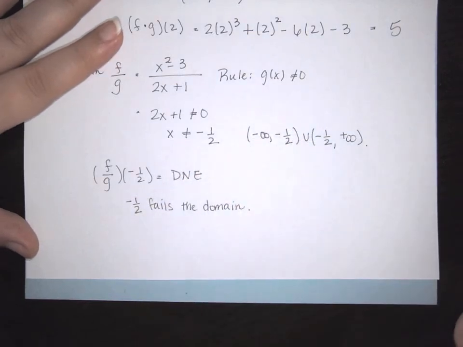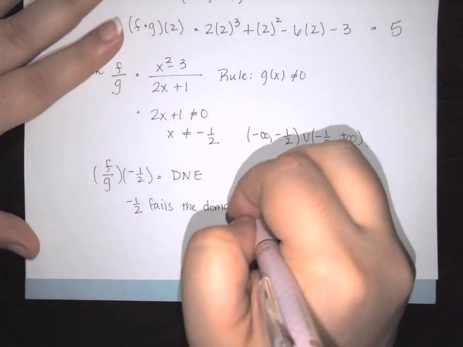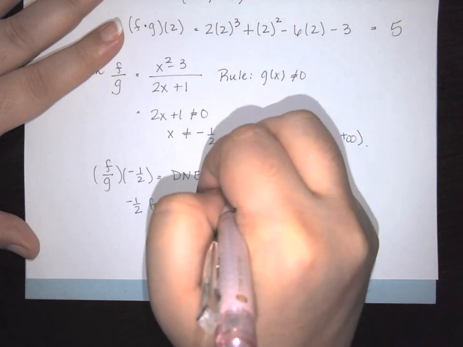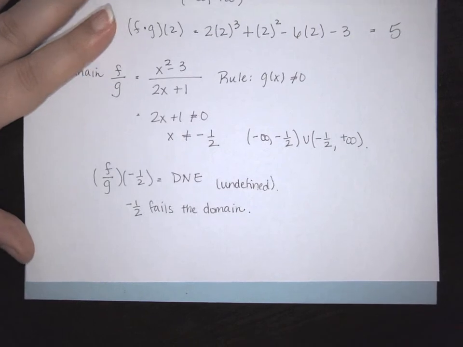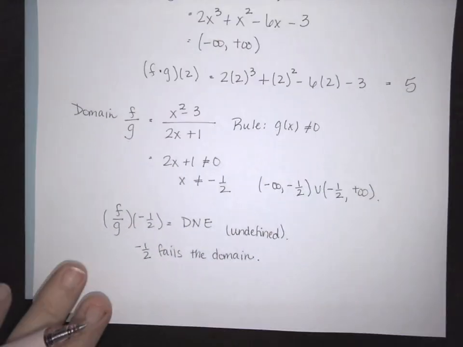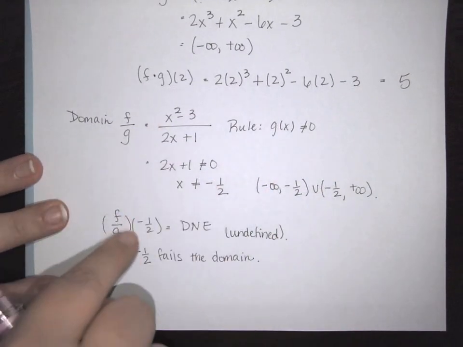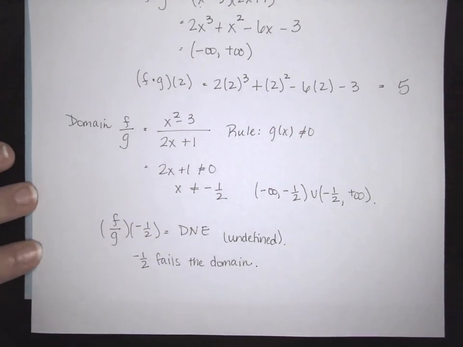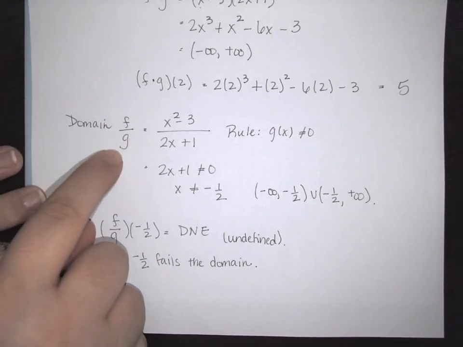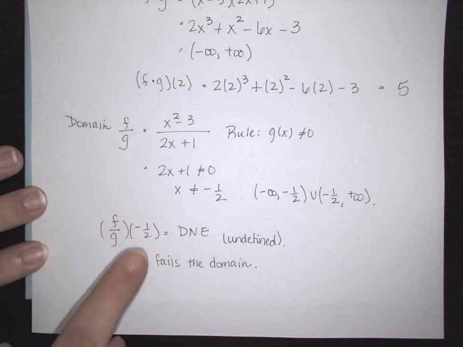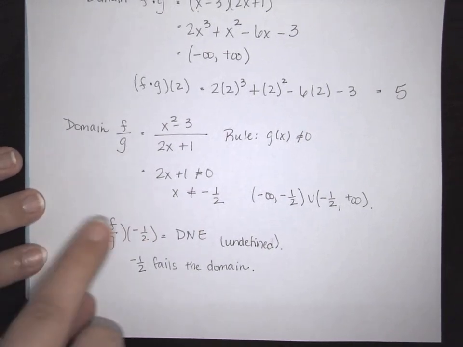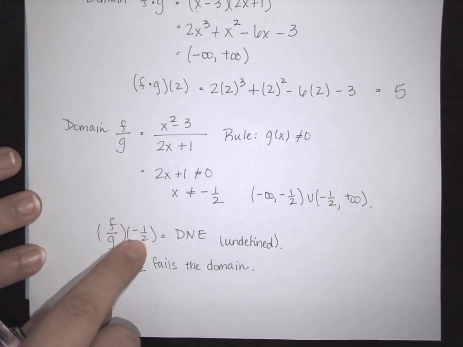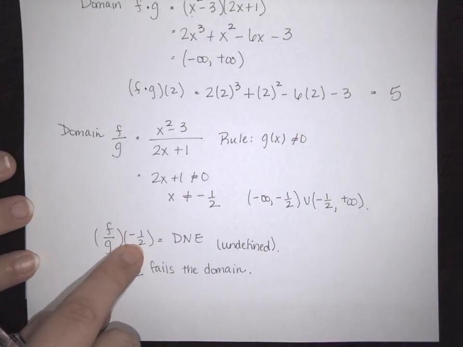Therefore, you cannot evaluate by it. Another thing that you can call this is undefined, meaning that it causes a problem at that place. So this right here is the biggest reason why checking your domain, especially when doing the division piece, is so important, because you cannot evaluate by something that is going to cause you a problem. And clearly in this case, evaluating by negative 1/2 is going to give me a 0 in the denominator.